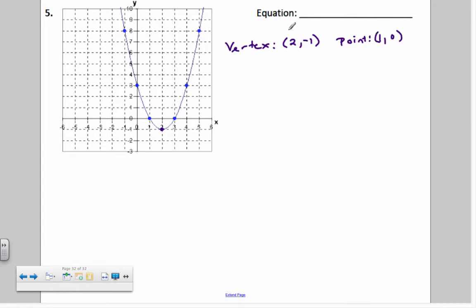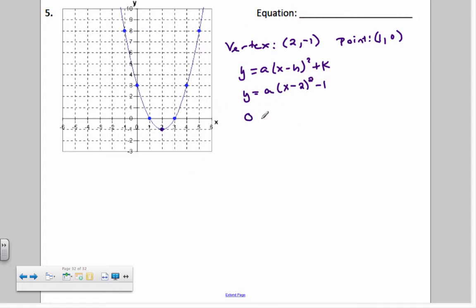So here I have an h and a k and an x and a y. Let's think about a times (x minus h) squared plus k. Let's plug in h and k first. So I have a times (x minus 2) squared plus k, which is negative 1. Now let's plug in the point, my x and y.